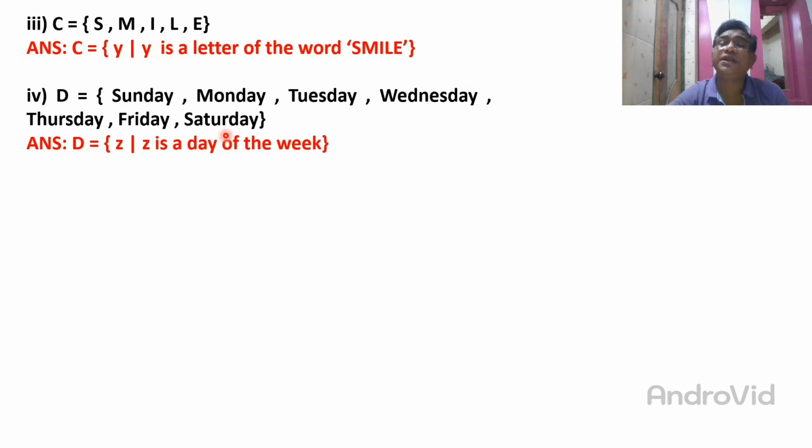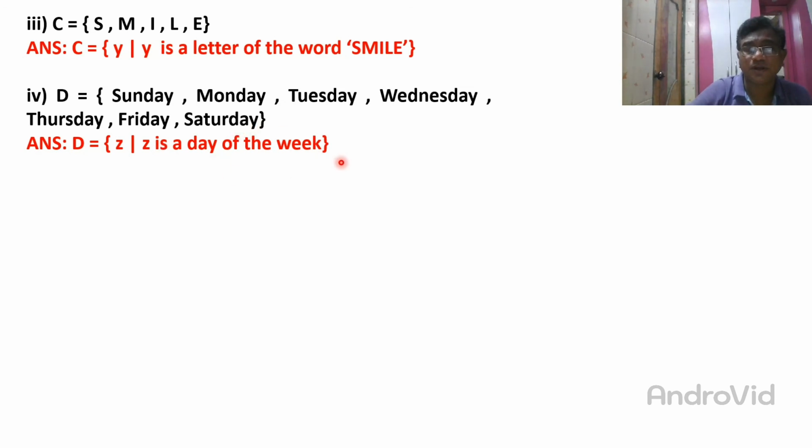What is it? It is the week. So D is the set of z such that z is a day of the week. Don't say days; if you say days, it is a wrong answer. You can say the singular form, day.